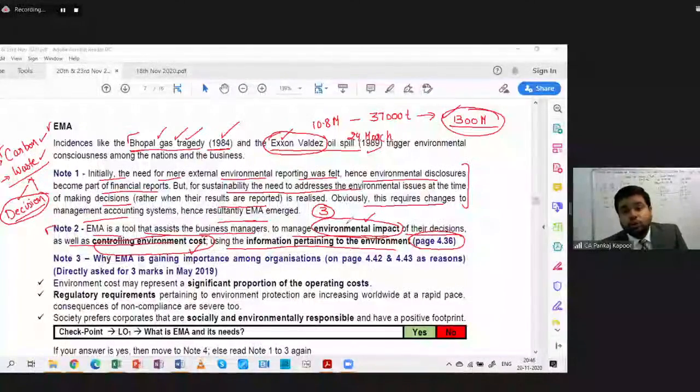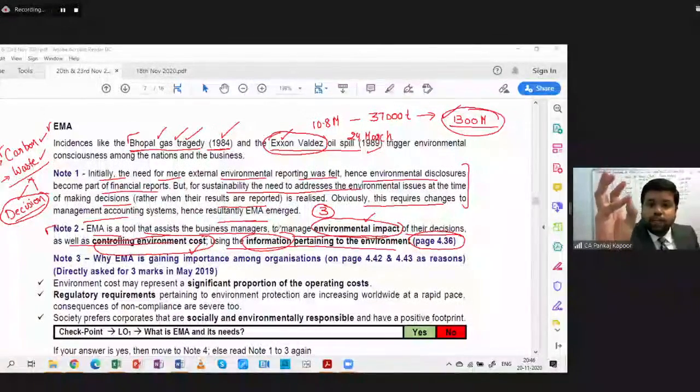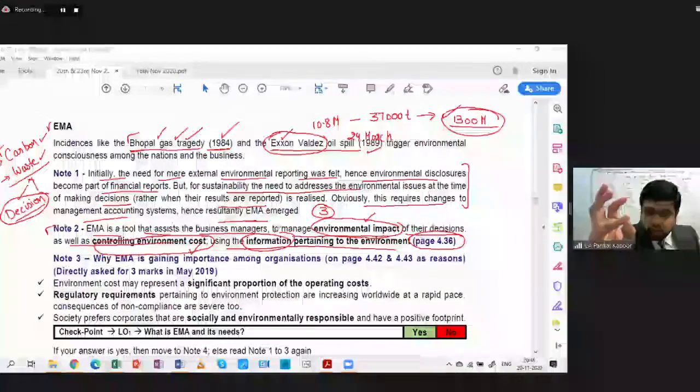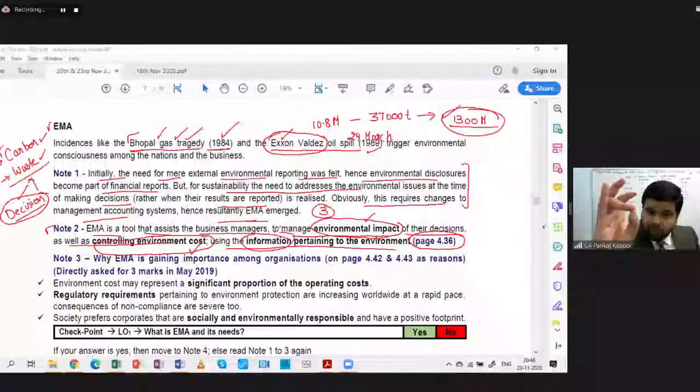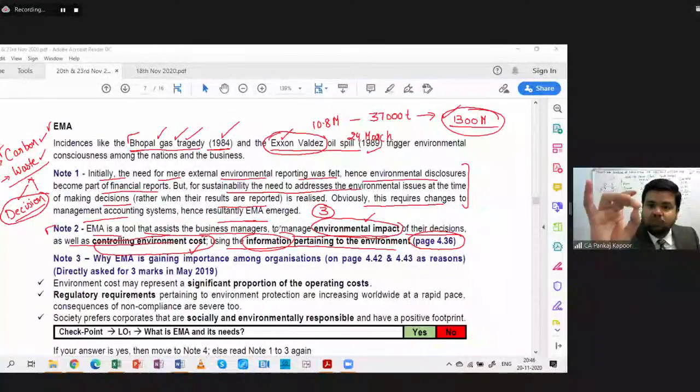But obviously, to take such a decision with the help of which our impact should be lowest and the cost should be lowest, we must rely upon the information. Hence, friends, revise along with me. EMA is use of environment information based upon which the manager takes a decision which has less impact upon the environment and results in less environment cost.